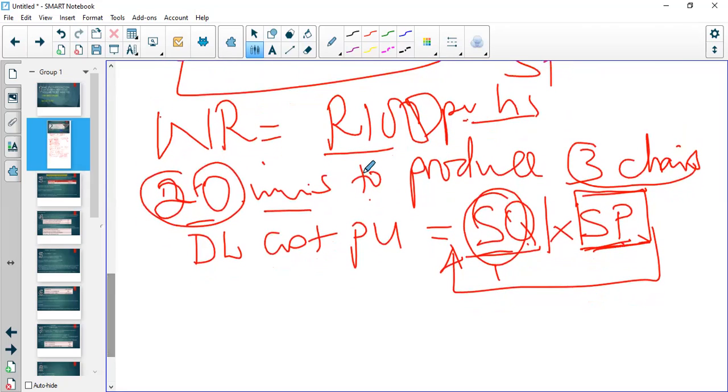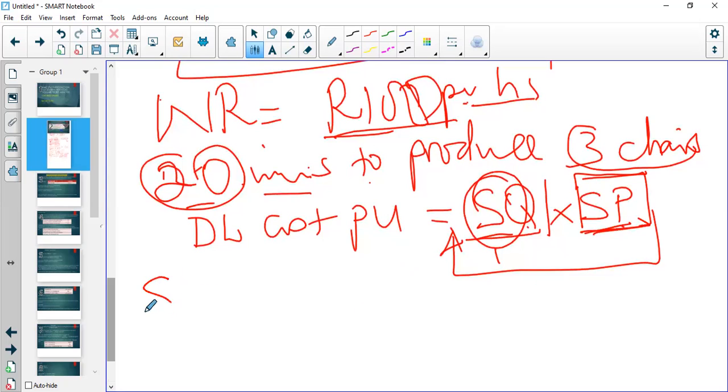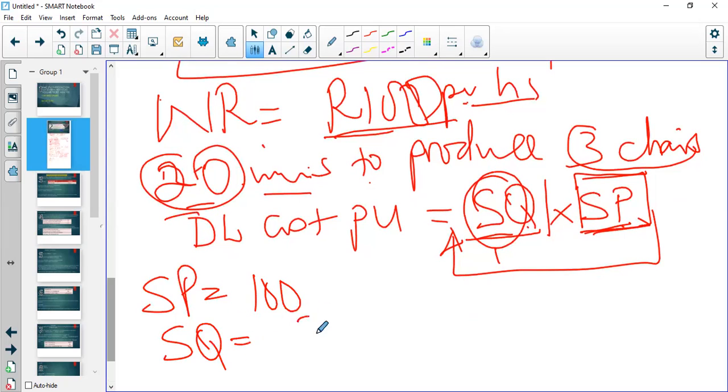So if you decide to change everything to hours, then your standard price remains 100 rand per hour. Your standard quantity should now be in hours, but it's in minutes. So you're going to say 20 out of 60. This is the number of hours required for 3 chairs. Now for one chair, you divide again by 3.